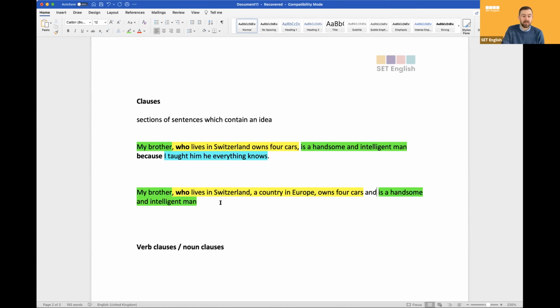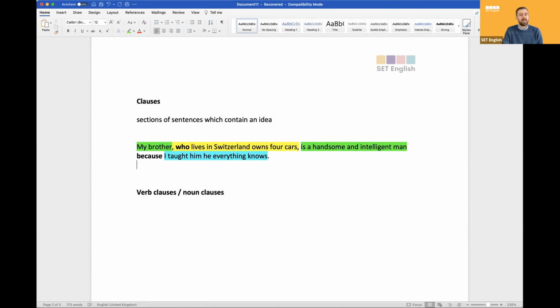It does get complex. It's all about the commas. But this is a multi-clause sentence. We've got an infinite variety ahead of us.